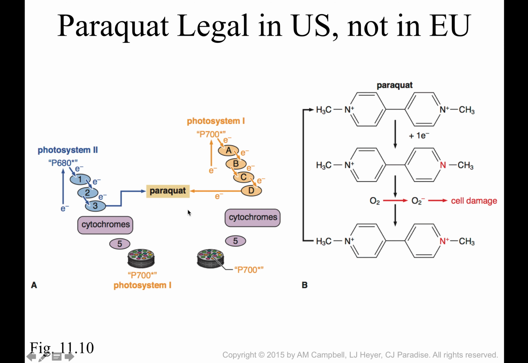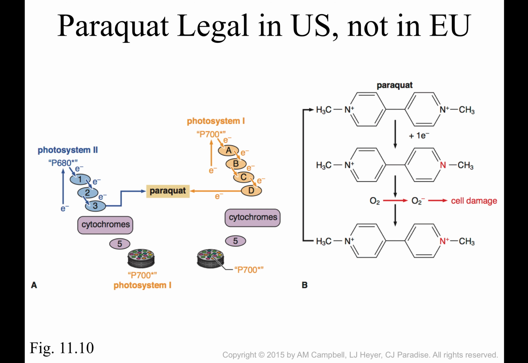Paraquat is not legally used in the European Union anymore, but is still able to be used in the U.S. Before marijuana was legalized in a lot of states in the U.S., it was used as a pesticide on marijuana crops, especially in South America, and that is supposed to be a pesticide that's specific to plants, but it turns out it works on humans too and can cause damage to humans.